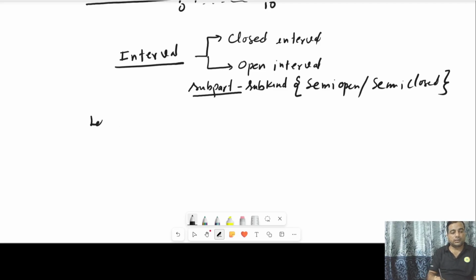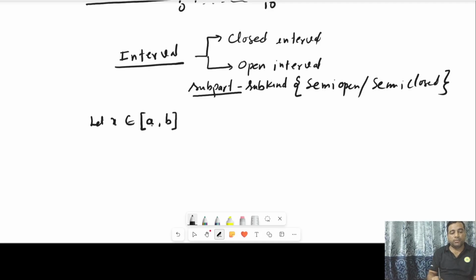Let x belong to a big bracket from left, A to B, and big bracket from right. It represents the closed interval from left and closed from right.